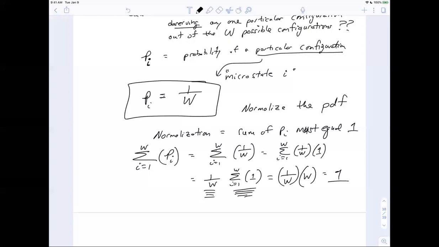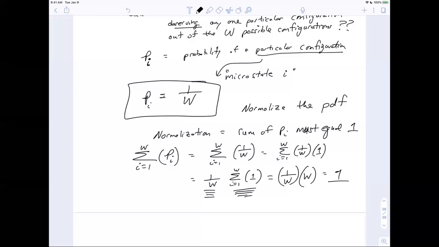So indeed, when we sum over all of the probabilities of all of the available microstates, if p sub i is 1 over W in an isolated system, which it is, the distribution is normalized. It equals 1. So we don't have to worry about the normalization. Okay, Sheldon? So even in this discrete case, everything works out.